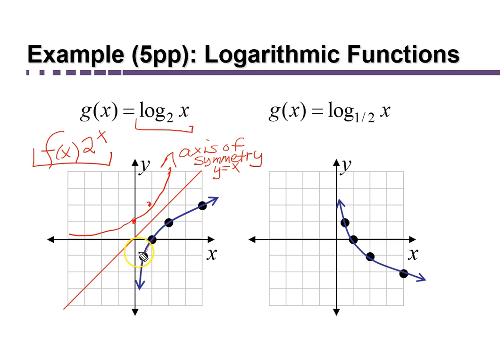Now notice that this line here gets closer and closer now to the y-axis. We call the y-axis here, as we mentioned before, the vertical axis, and that would be the asymptote.